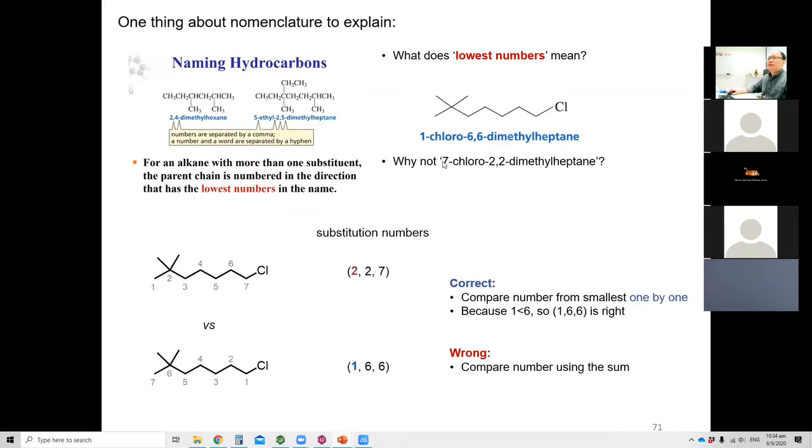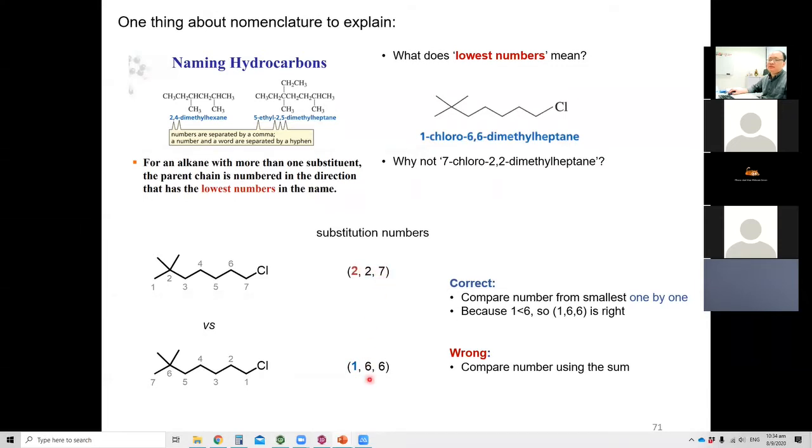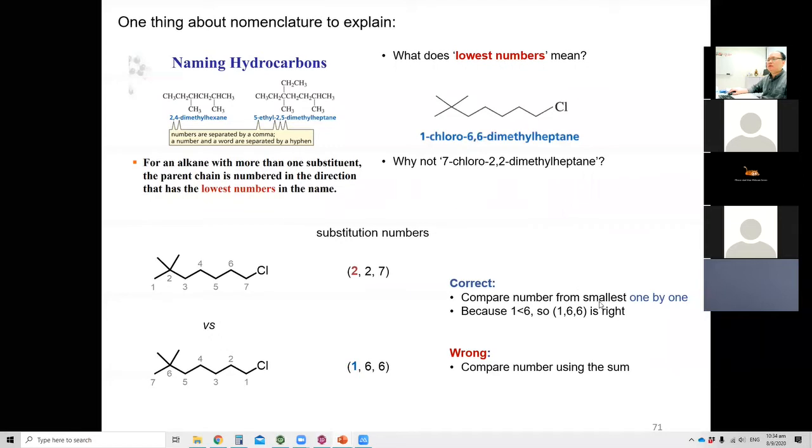There are 2 ways to name this molecule. One is, like Professor Chew showed, 1,6,6. The other one is 2,2,7, where you put the methyl at 2. Some of you told me that this should be the right one because 4 plus 7 is 11, which is lower than 13. But I want to explain that when you compare these numbers, you compare from the smallest one, one by one.